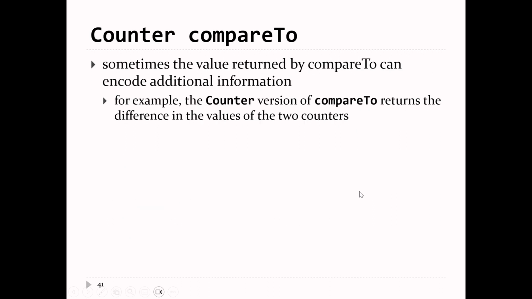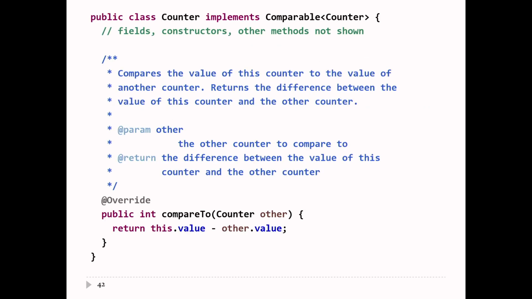Every once in a while, you'll come across a compareTo method that actually returns some useful information. With Point2, there's no sensible information that you can encode in the integer value that's returned. But the Counter class is an example of a class that can return some useful information in its compareTo method.